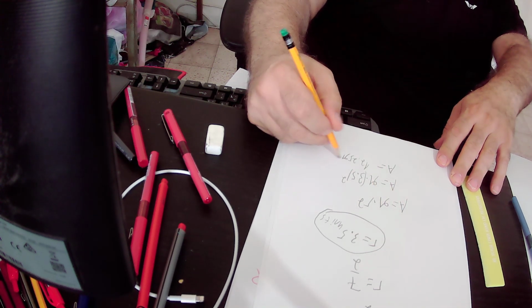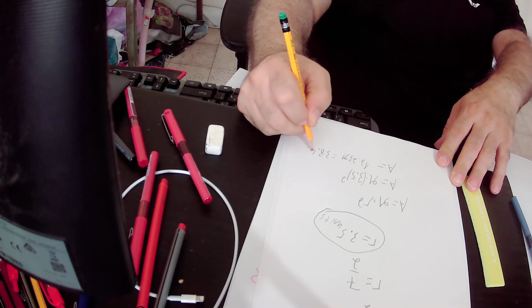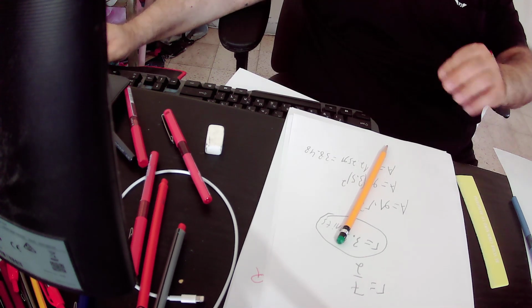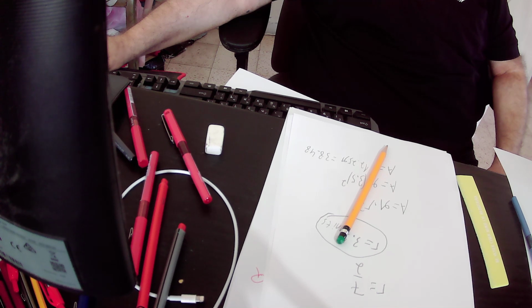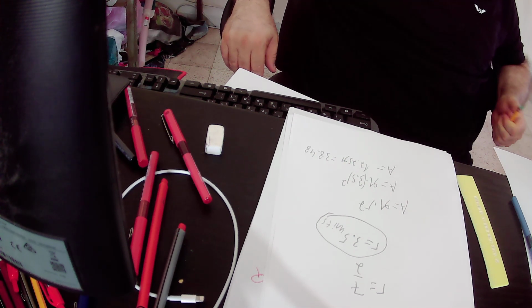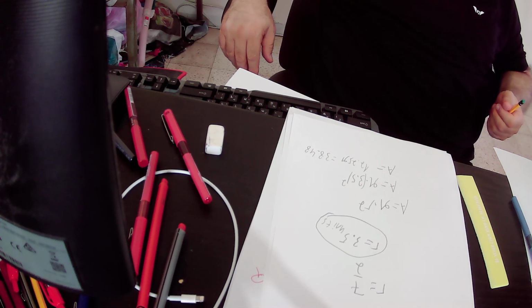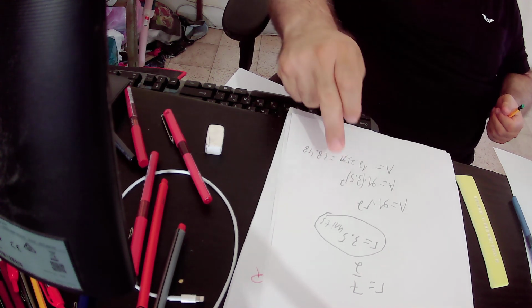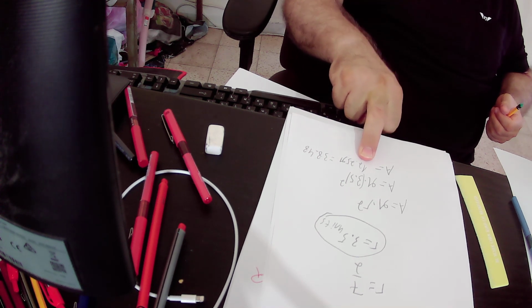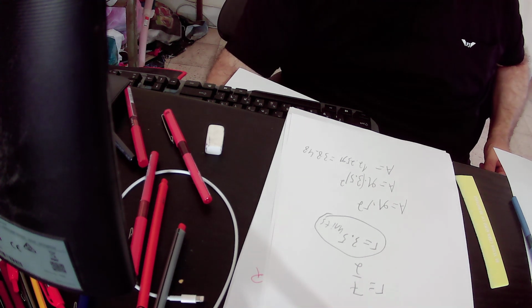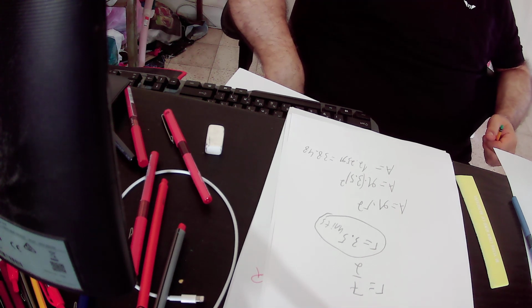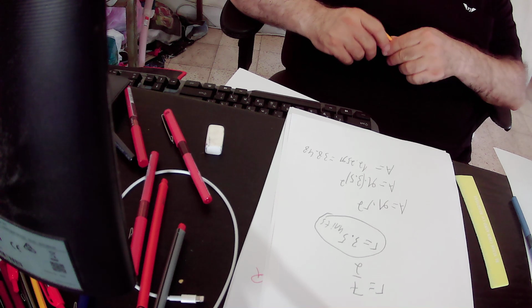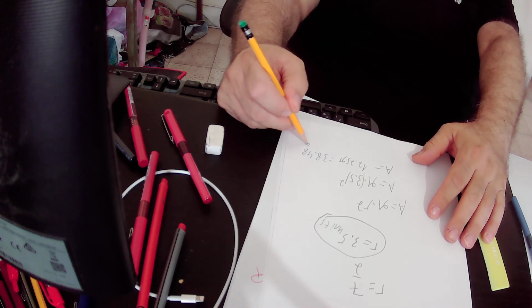That equals 38.48. Okay, so the area of the yellow circle equals pi times r squared. r equals 3.5 units, so r squared is 3.5 squared, which equals 12.25, and 12.25 pi equals 38.48.